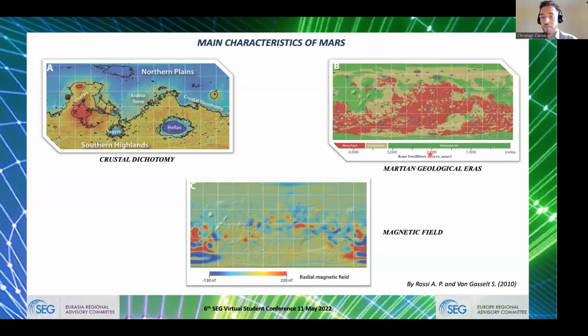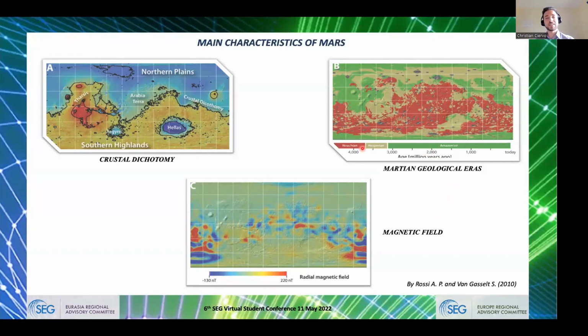Moreover, here we have a global geological map with three colors that indicate the geological time scale of the planet. Here we have the first one, up to 4.3 billion years ago. That is the Noachian era.